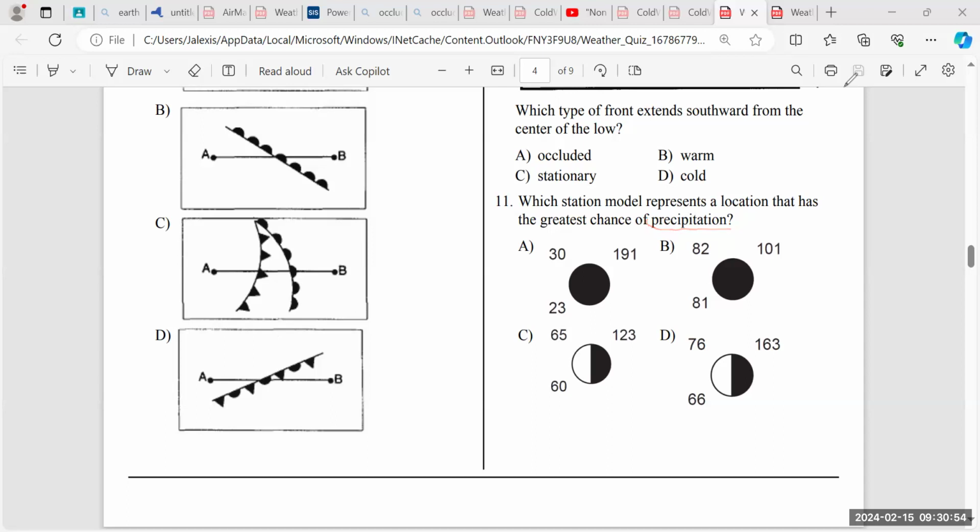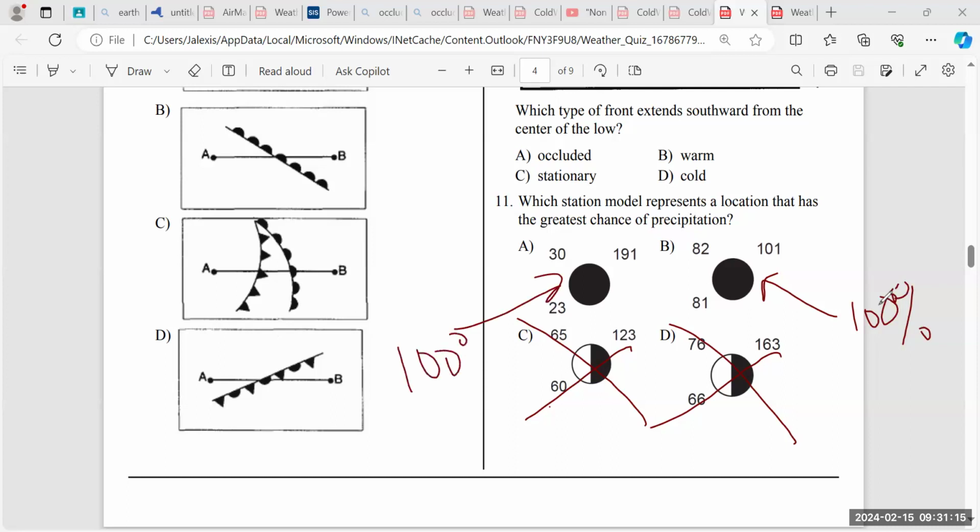So I know the greatest chance that I'm going to have for precipitation, number one, is that it has to be cloudy. If I want the greatest chance of precipitation, it has to be 100% cloudy. That's number one. So that's why it can't be C or D.